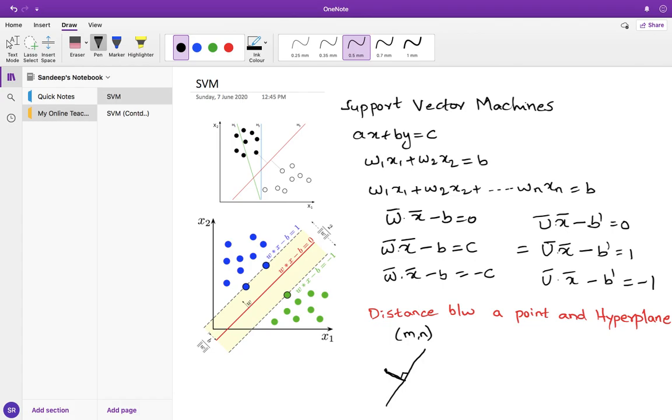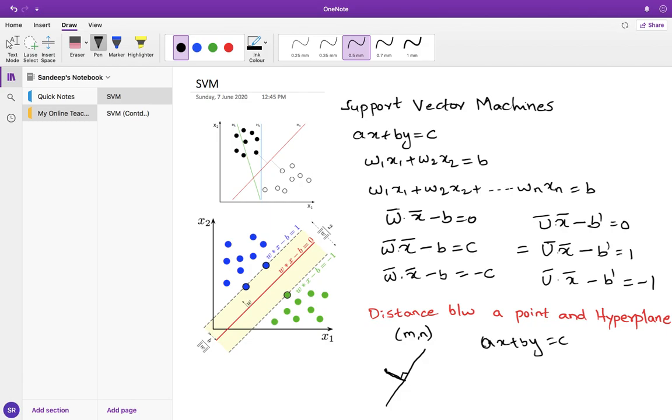Suppose you have a point m comma n and a line equation ax plus by plus c equal to 0. The distance can be found in the following way. Let me write that. So consider ax plus by is equal to c.